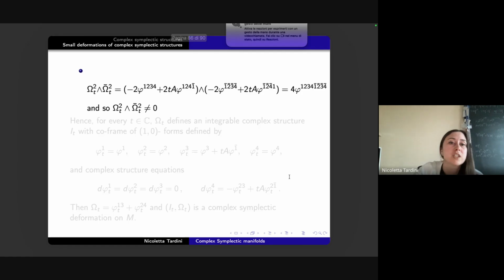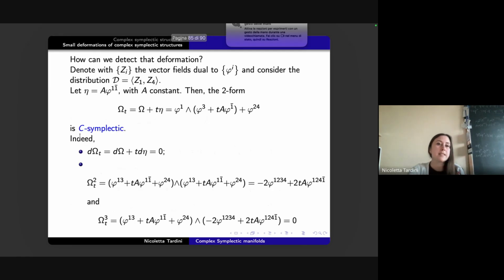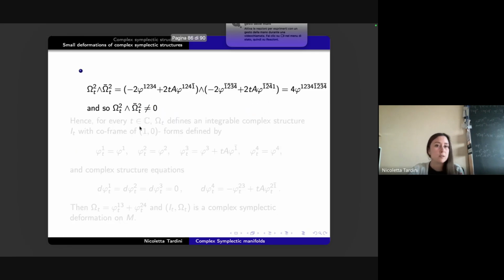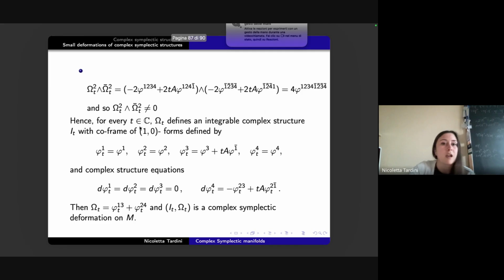And the final condition for the definition of C-symplectic was that omega square wedge omega bar square is non-vanishing, okay? And you do the computation, and it turns out that omega t square wedge omega bar t square is equal to omega square wedge omega bar square, okay? So this is non-zero. So what does it mean? It means that this omega t is a C-symplectic form, and so by Verbitsky, omega t is defining an integrable complex structure I_t with a coframe of (1,0) forms that you can write down, okay?